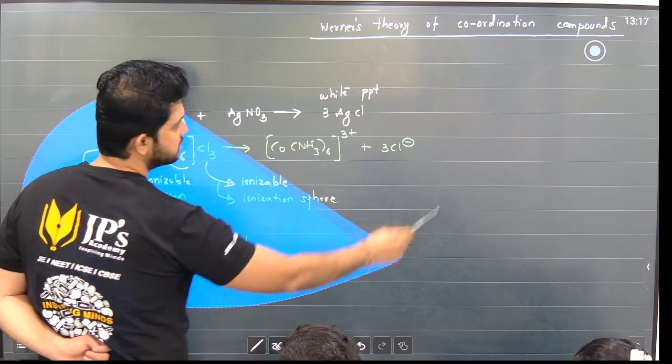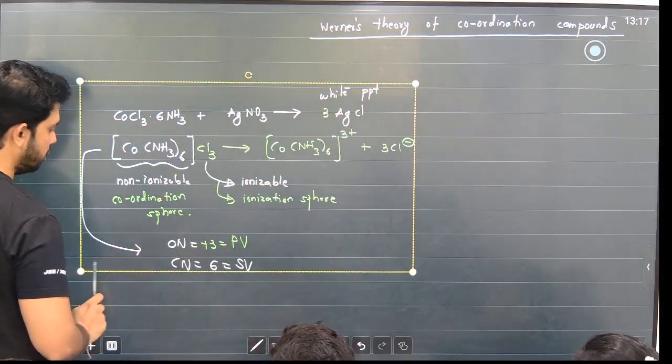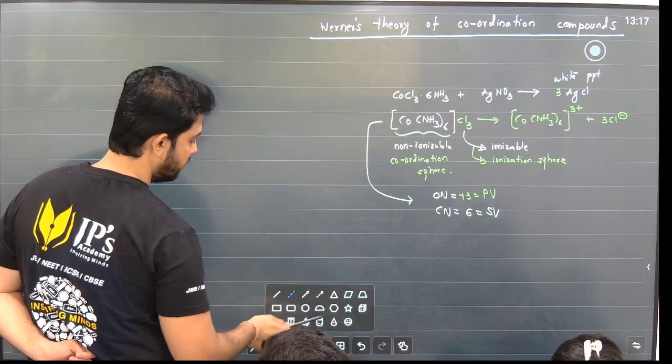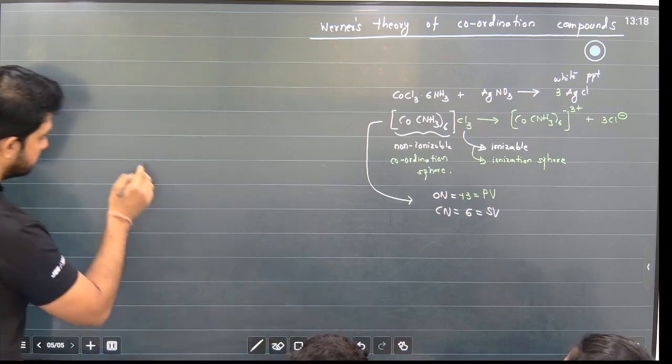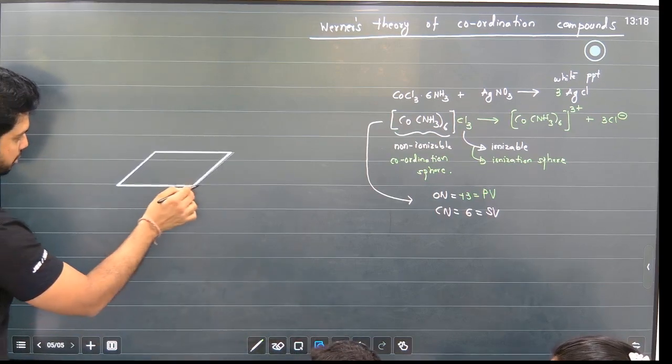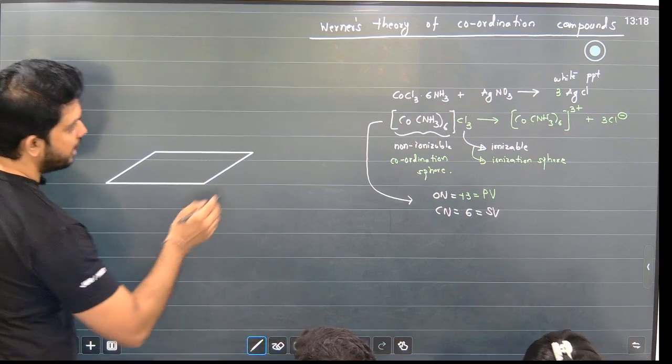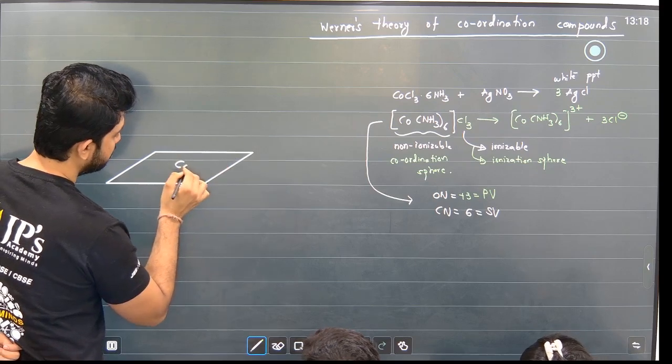Now out of the two valencies, one is directional, the other is non-directional. Which one is directional? Secondary valency. So if I try to draw the structure, the central metal atom here is cobalt.